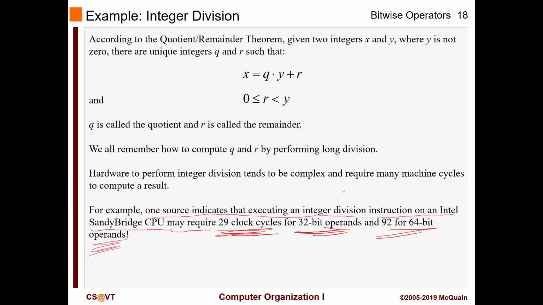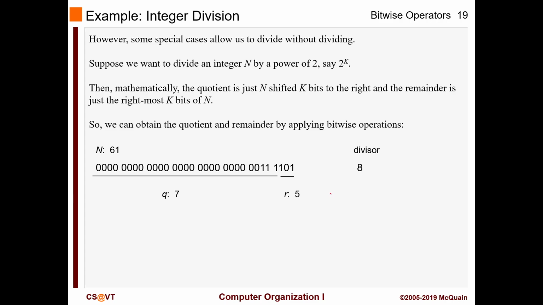Can you imagine what a big overhead that is? If you could optimize it, your code is going to be very optimized, right? So let's see how you can do it.